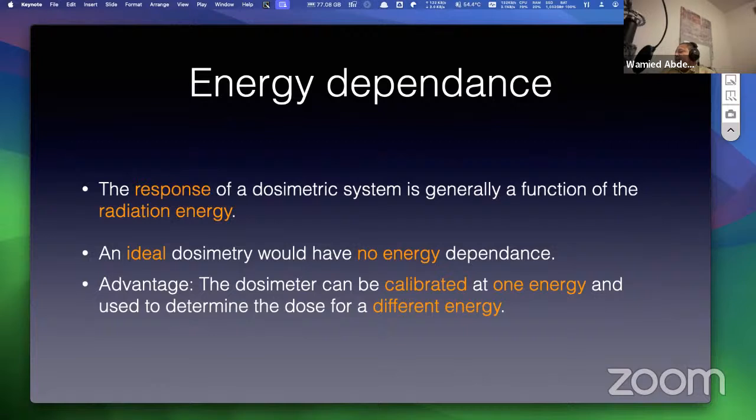So that would be the ideal dosimeter. The advantage would be that the dosimeter can be calibrated in one energy, for example, cobalt, and then we can use that dosimeter to get the dose in a different energy. Okay?